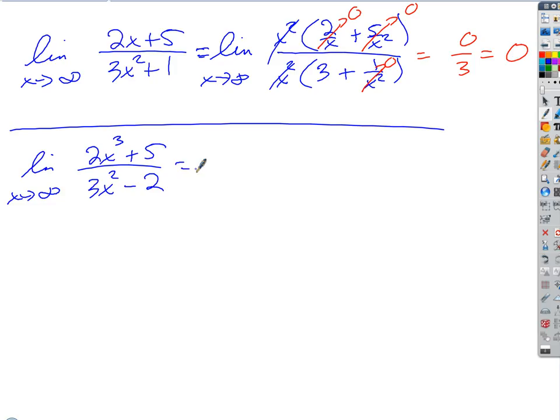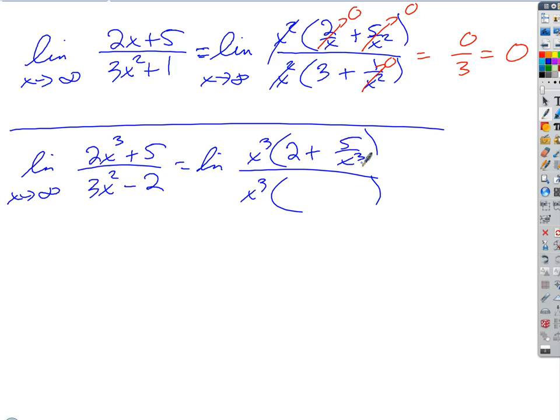Infinity. Okay, but we have to be a little bit careful with this one. Let's factor out an x cubed. If we factor out an x cubed, what am I left with on the top? 2 plus 5 over x.